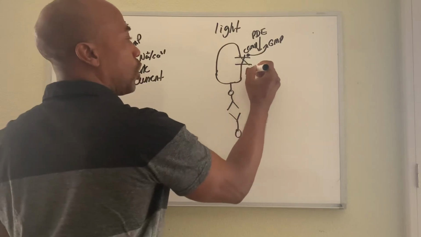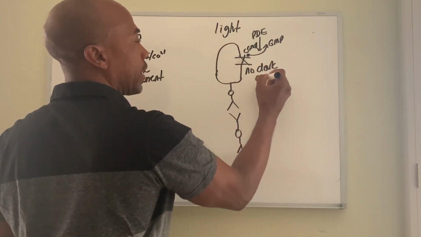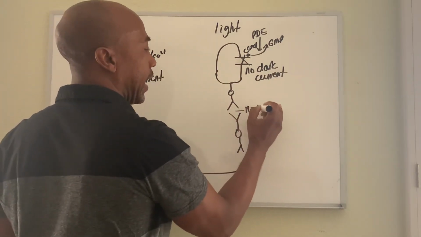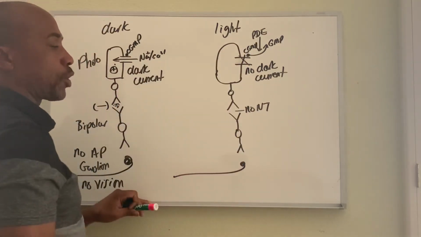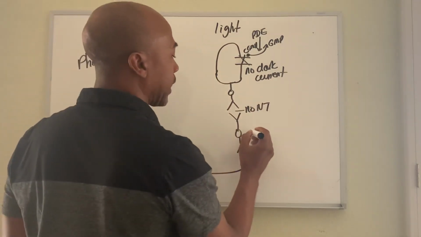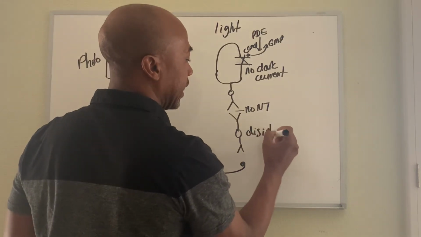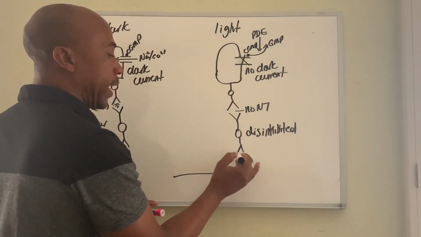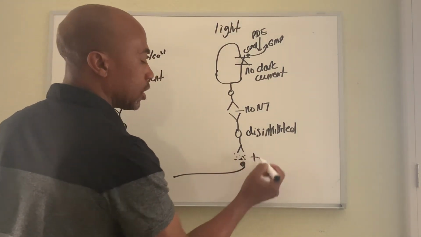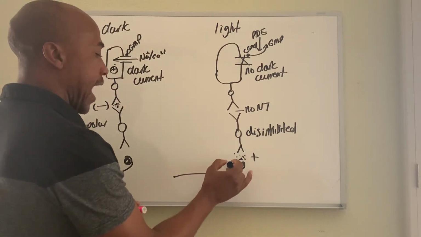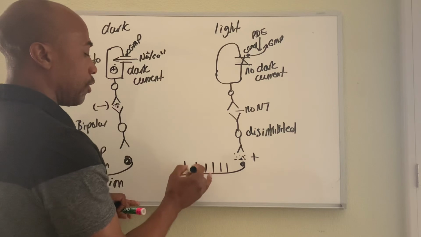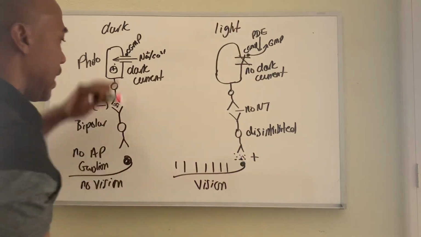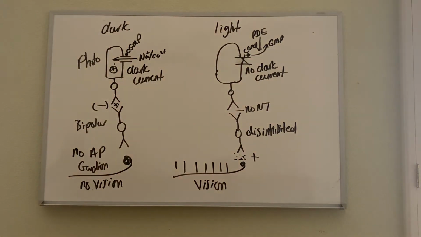So now there's no dark current in the light. And because there's no dark current, there's no NT being released from the photoreceptor onto the bipolar cell. So now the bipolar cell is disinhibited and therefore able to release an excitatory neurotransmitter that will generate action potentials in the optic nerve to allow for vision. And this is why you see in the light and not in the dark. Okay, we're going to pause there.